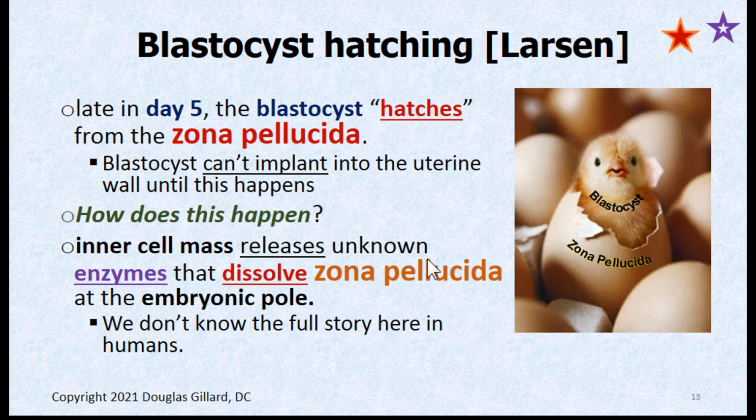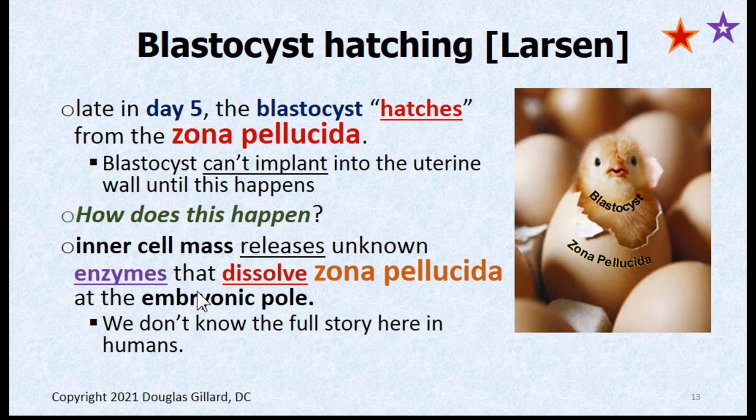So I bet you didn't know you hatched. We all hatched. All right, so we really don't know how this works. We know that the inner cell mass releases some enzymes, and it's so confusing. It's not in the embryology books. I'm not even going to go down that rabbit hole.